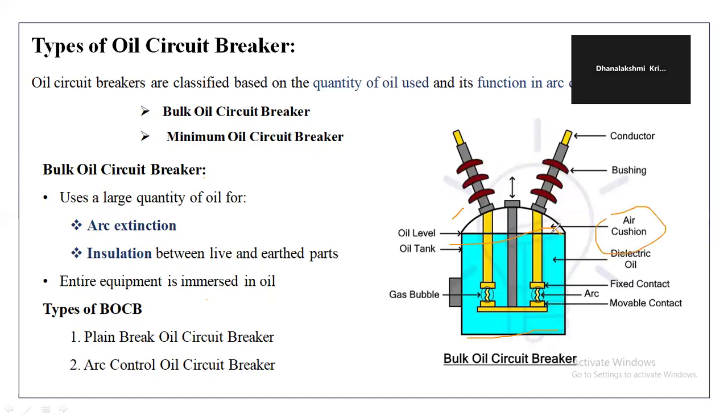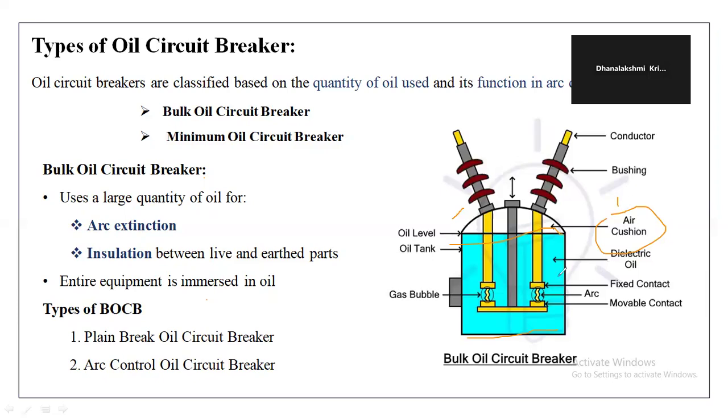The air cushion is above the oil level. The air cushion provides sufficient room for the reception of the arc gases without generation of unsafe pressure in the dome of the circuit breaker.